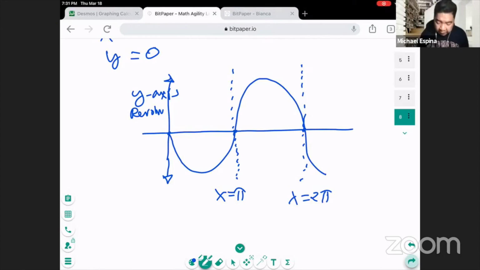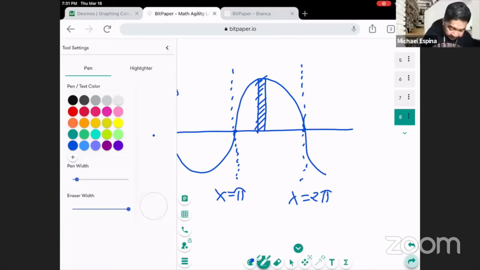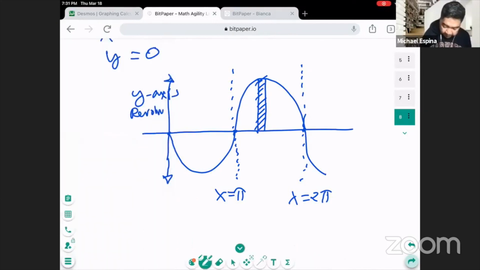Now let's try to use the method of cylindrical shells. If we take a vertical slice, this becomes your dx. Our distance from the axis of revolution would be x.